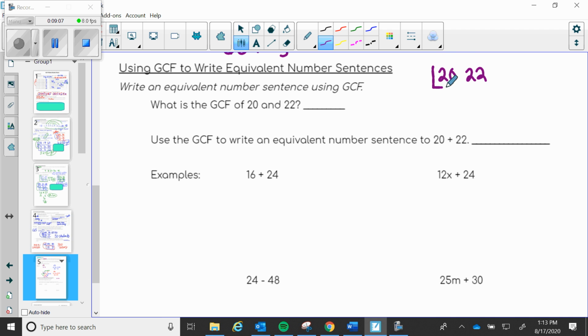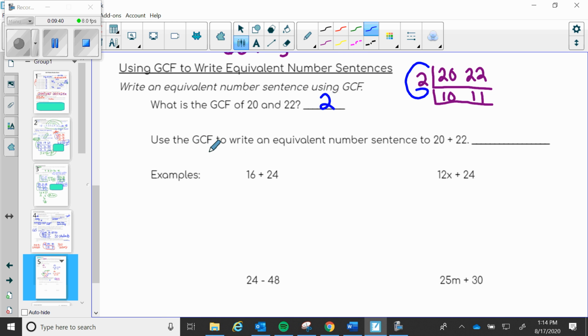And then let's start factoring out. Both of these are even, so I know I can take out a 2. Bring down my ladder. 20 divided by 2 is 10. 22 divided by 2 is 11. And unfortunately, we cannot go any farther. So what I do now is I make my G and I multiply everything in the G, but in this case, there's only one number, so my GCF is actually just 2.